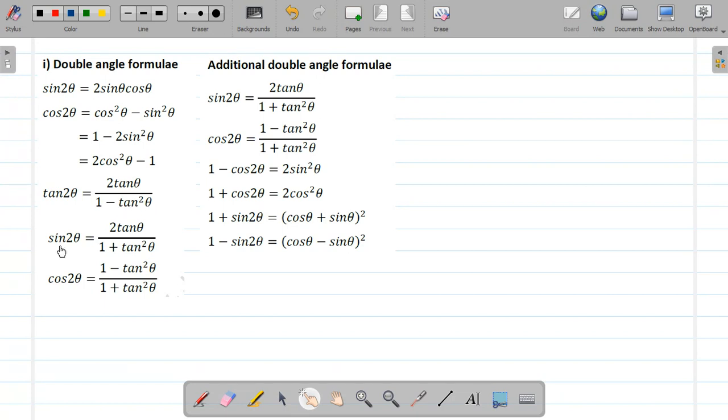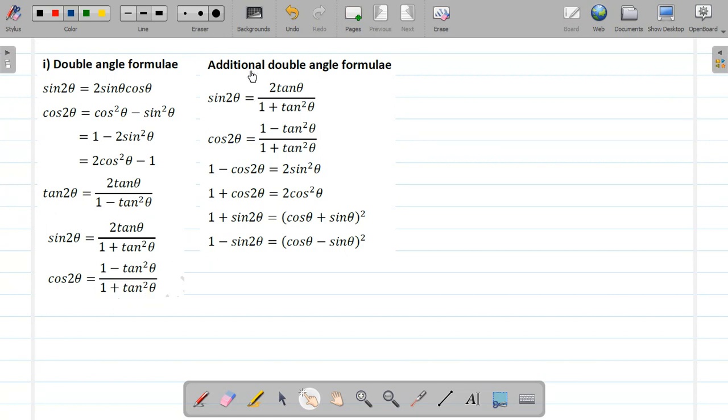And then another formula, the double angle formula for the sin ratio, is 2 tan theta upon 1 plus tan square theta. Just by adjustment we get this formula. Okay, sin 2 theta is equal to 2 tan theta upon 1 plus tan square theta, and cos 2 theta is equal to 1 minus tan square theta upon 1 plus tan square theta.